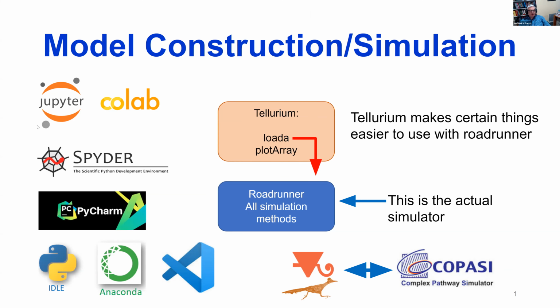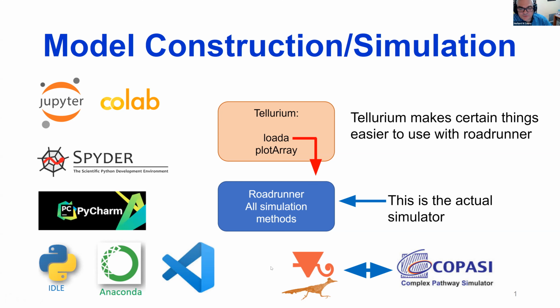And all these images you have on the left, you can use this from any of these platforms, right? Whether it's Jupyter, Colab, Spyder, PyCharm, Visual Studio Code, Anaconda. You can, of course, use Python from whatever IDE you want, and of course, this works on all platforms, including Linux.